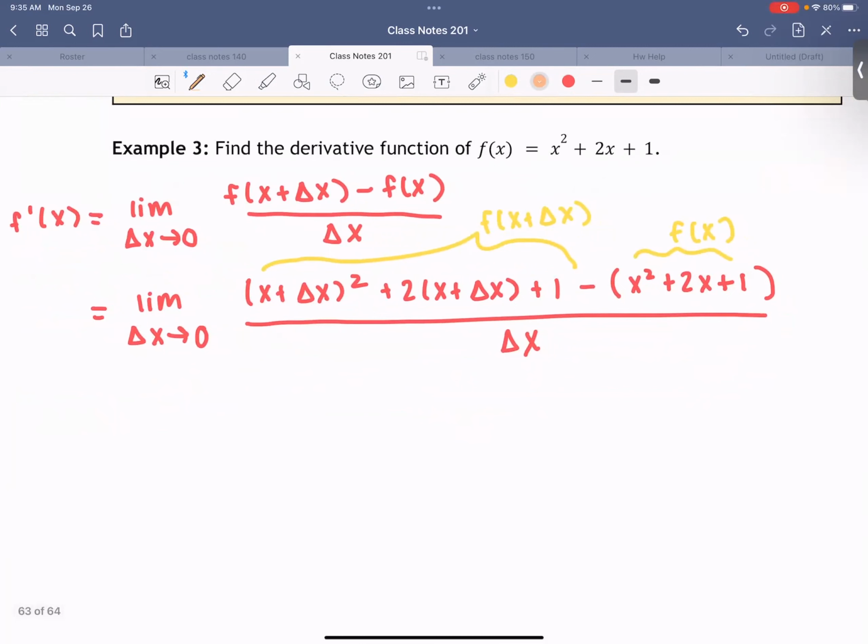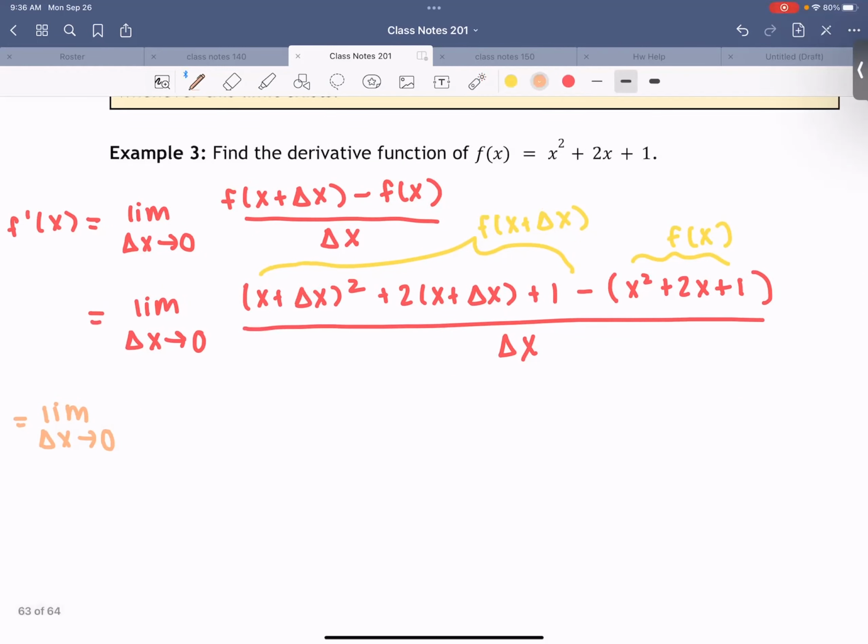Looks like we can do some stuff with this. Now, am I going to take this 2 here and distribute it to the x and the delta x? No, right? That is the mistake I see a lot. This is telling us to FOIL out x plus delta x. Because I make a lot of mistakes, I'm going to write x plus delta x twice. What am I going to do with this 2?